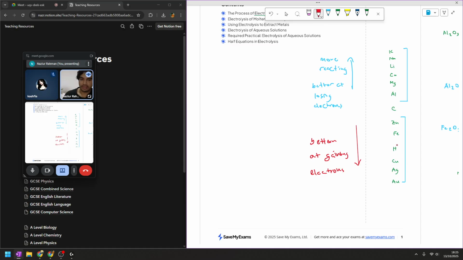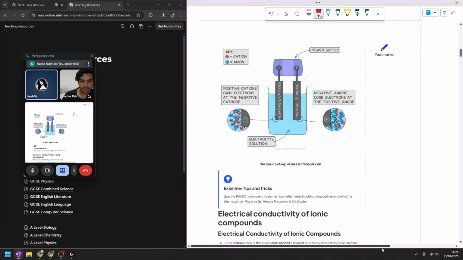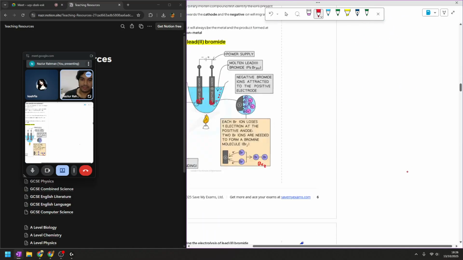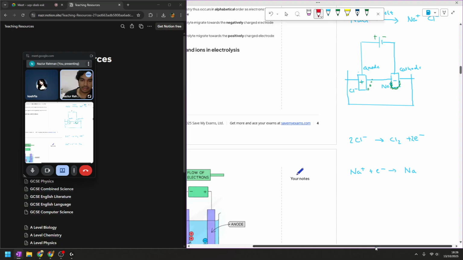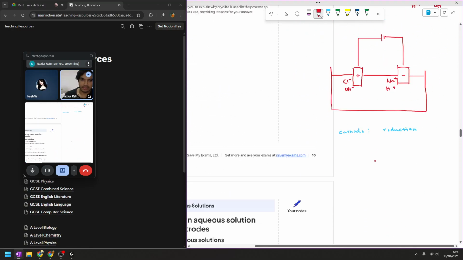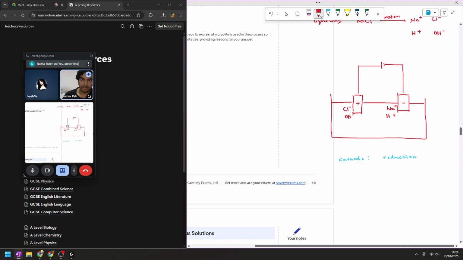So in our example, we had hydrogen ions and we had sodium ions. Hydrogen is better at getting reduced than sodium is. Okay, so hydrogen is better at gaining electrons. It's the opposite of the reactivity series. So we have a competition here between the hydrogen and the sodium at the cathode.